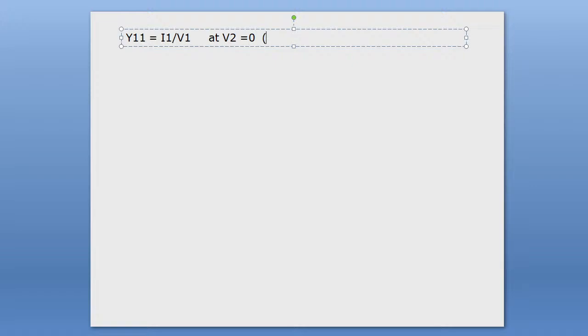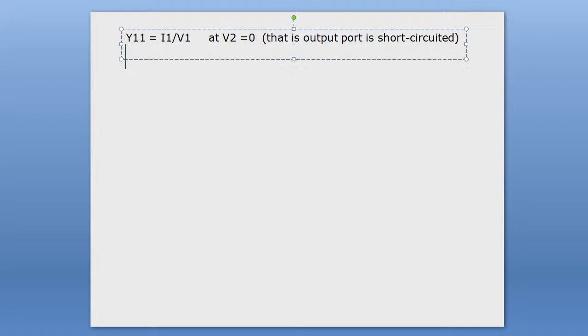You just write here that the output port is short circuited. Now you tell me the expression of y12.